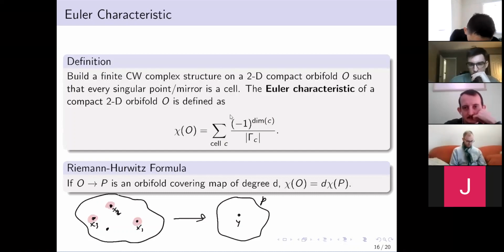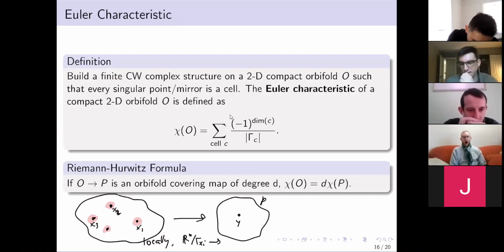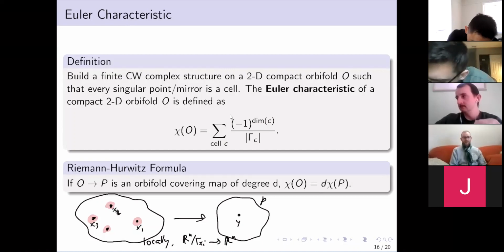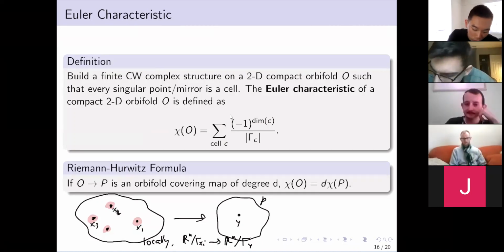Locally over here, we have isotropy groups, I'm going to call it gamma xi. So locally we have this mapping Rn modulo gamma xi to Rn modulo gamma y, which is the isotropy group of y.